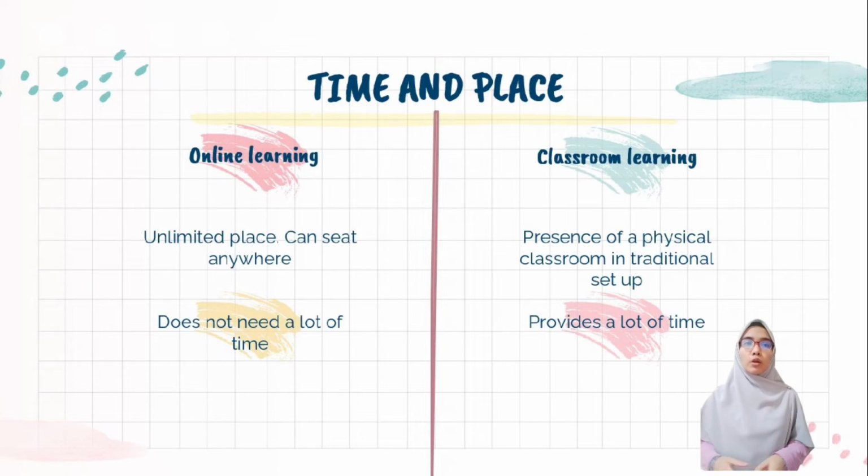As for time, online learning does not need a lot of time because we don't have to go anywhere, so it saves a lot of time in traveling. Students can utilize that time in other extracurricular activities. In turn, it helps them to balance the academic and non-academic sides. While for classroom learning, it takes a lot of time because the student needs to travel from one place to another to do any activities.